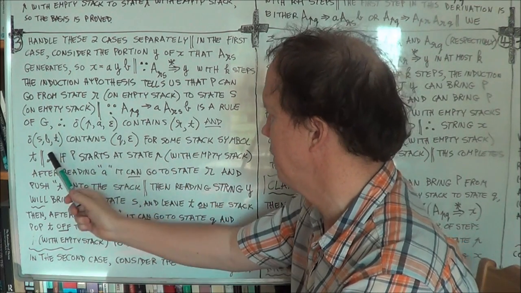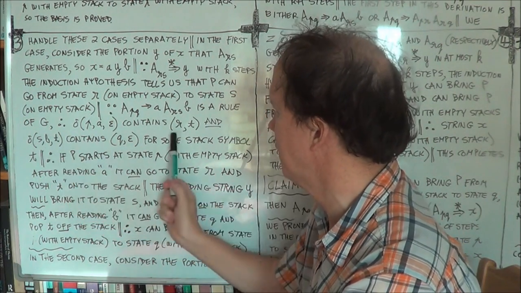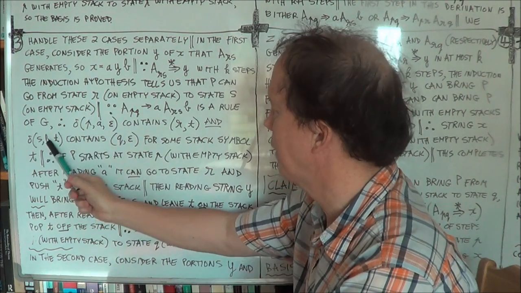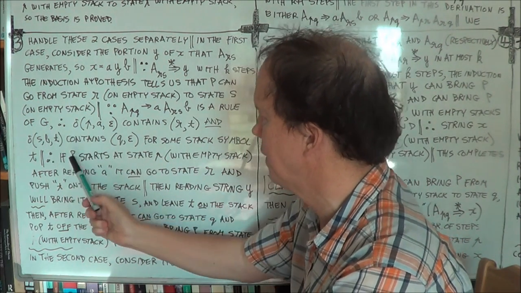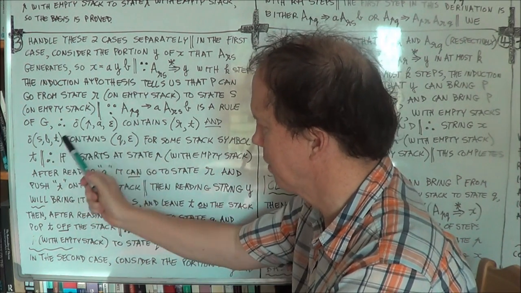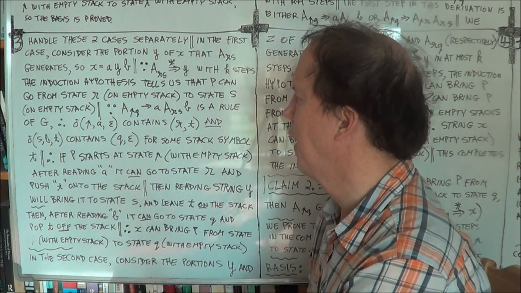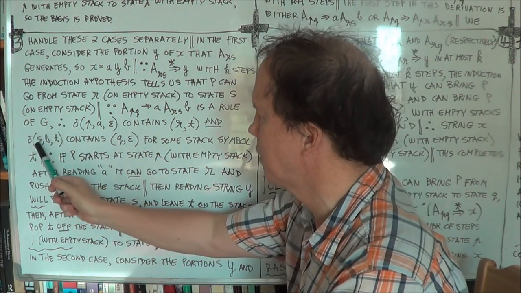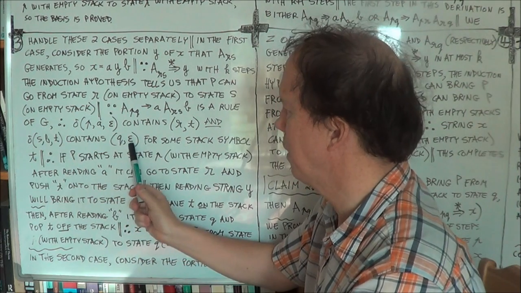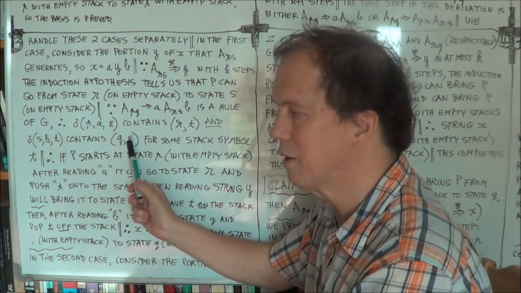We're about to read b, we're in state S, and T's on top of the stack, good. So pop the T, and Q will be the next state. So it goes from state S to Q.